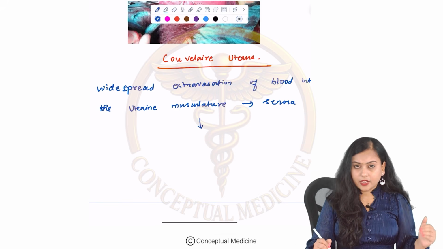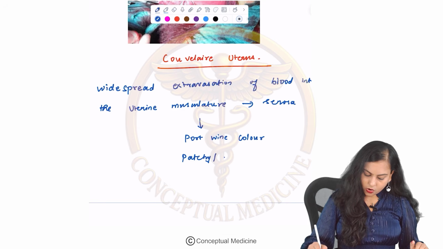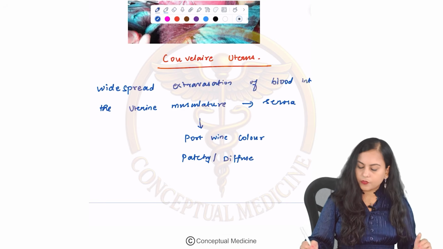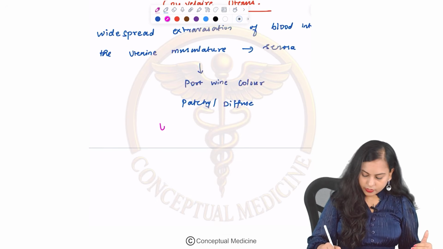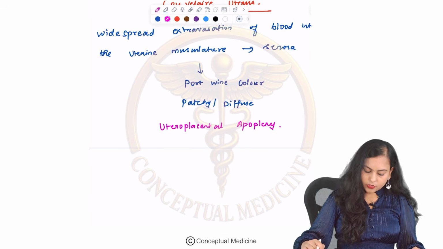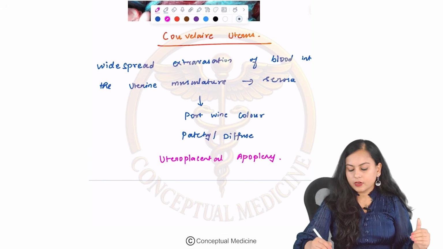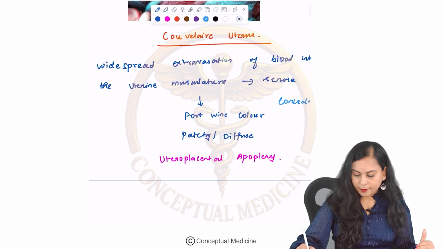So, the color of the uterus becomes port wine color, and this can be either patchy or diffuse. Okay, so this is what we call as Couvelaire uterus. It has also got another name, that is retroplacental apoplexy.